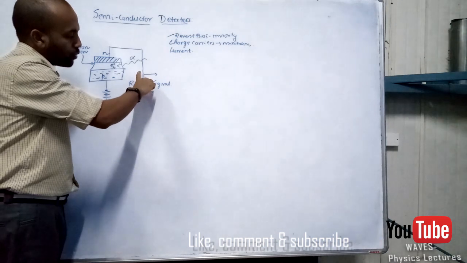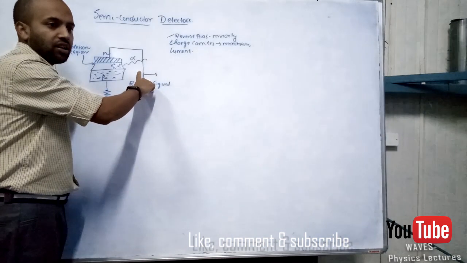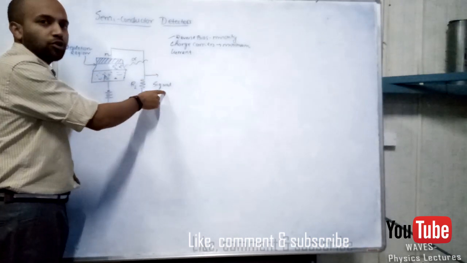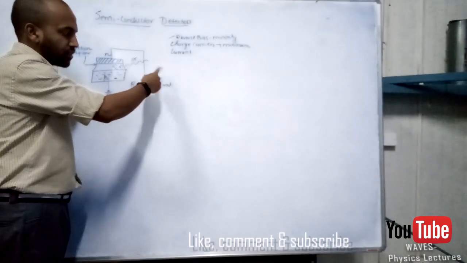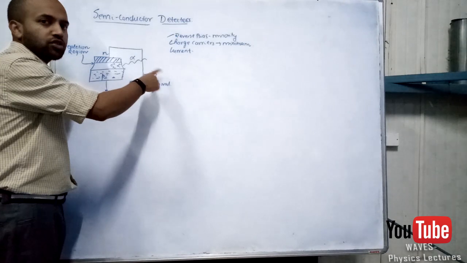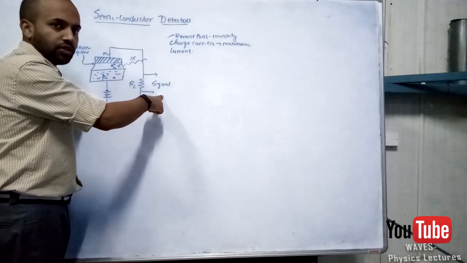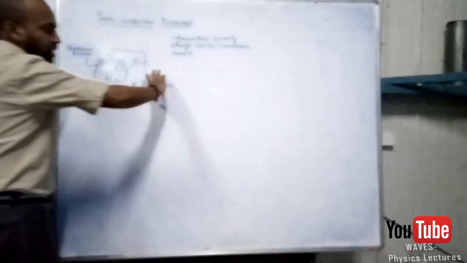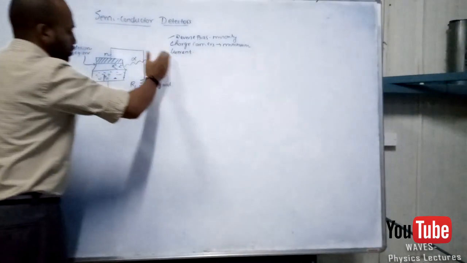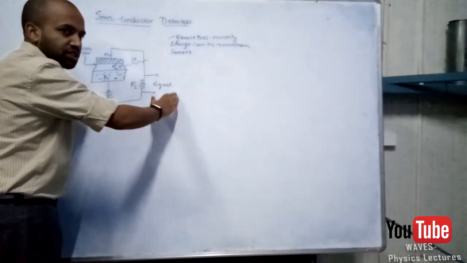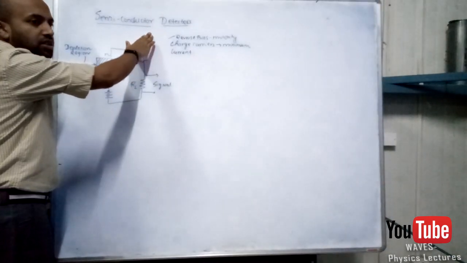We are going to have a potential change across RL, and this change will result in a change in the output signal. This is a different electronics altogether. We do have an amplifier now, and a signal reader, connected here, which reads the signal. As soon as the radiation enters, we have a change in the signal, which is studied, because of the semiconductor detector.